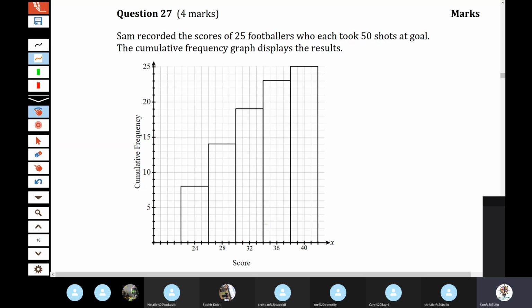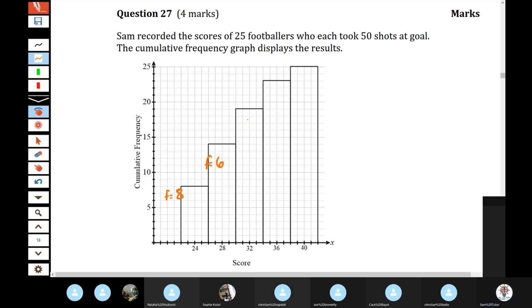So 50 shots at goal, if they hit 24, that was a frequency of 8. If they shot 28, that's 14, which means there was a frequency of 6. We're talking about frequency. Let's just make sure we're all on the same page. 32.